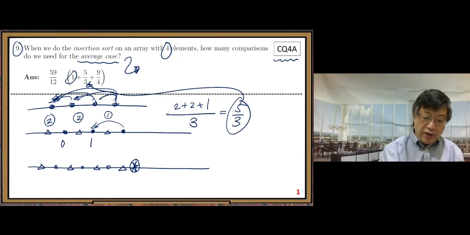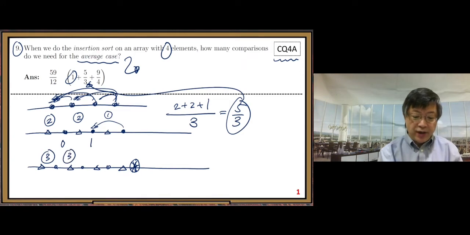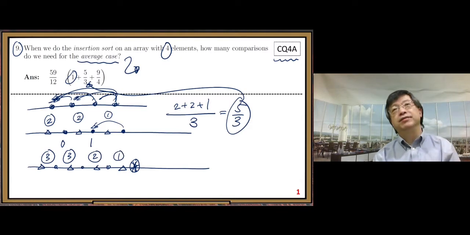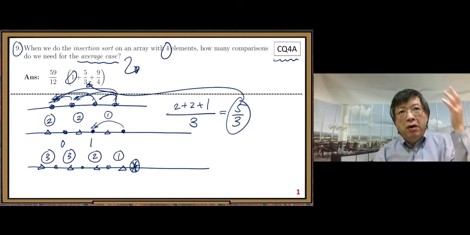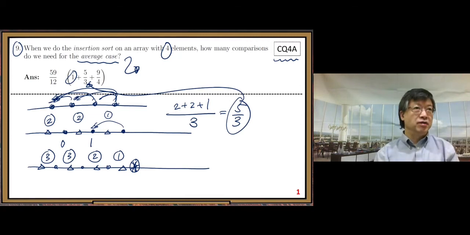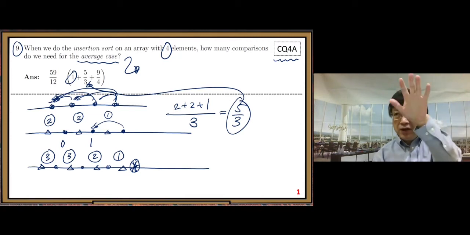For the first one, you need to do 3 comparisons, right? For the second case, also 3 comparisons. For the third one, you need 2 comparisons. For the last one, you need 1 comparison. What is the average number of comparisons among these 4 cases?